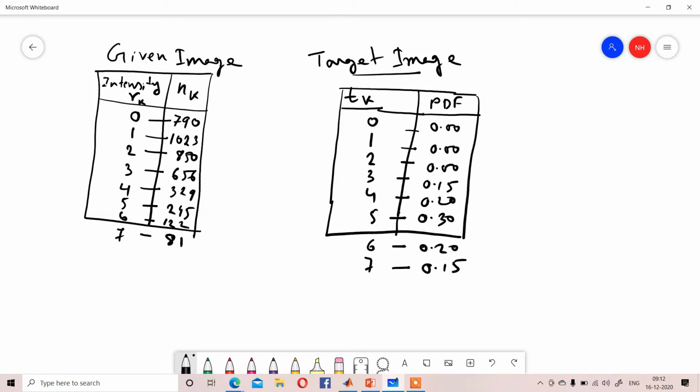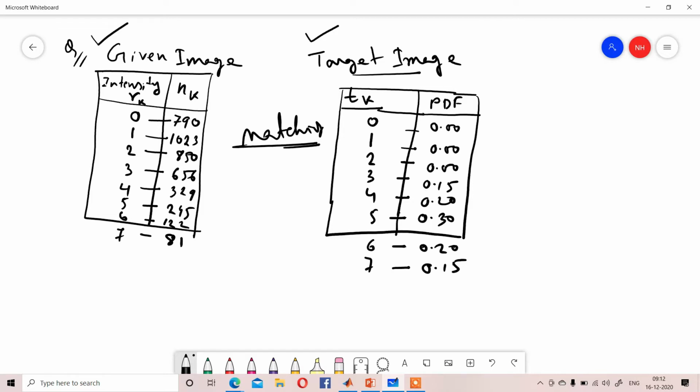So this is the problem that you have to solve. One image is given and that is your target image. You have to match these two images by using the histogram method.